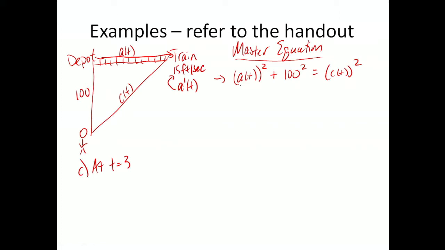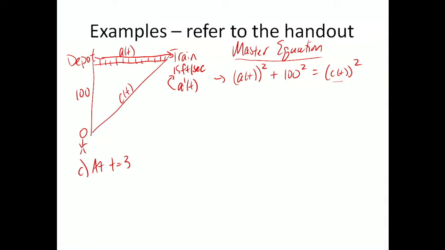But what would this say at time 3? It would basically say, how long is the A side at time 3 squared plus 10,000, which is 100 squared, equals how long is the C side at time 3. That's what that would say. So at time 3, in order to figure these things out, all I really need to know is how long is the A side, because I can then use the Pythagorean theorem to figure out how long the C side is.